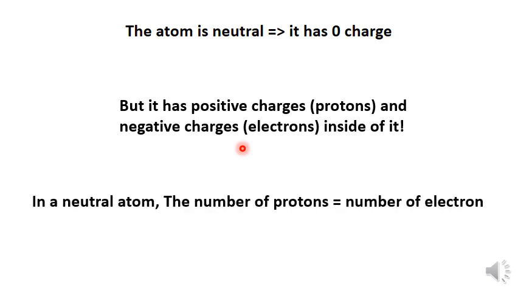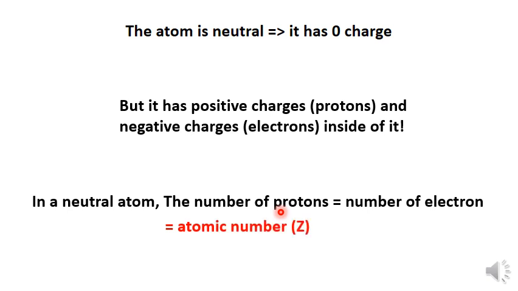Simply, the positive charges inside of it should be equal to the negative charges inside of it. So, in a neutral atom, when there is 0 charge, the number of the protons will be equal to the number of electrons. And this number of protons, we said that it identifies the atom, right?